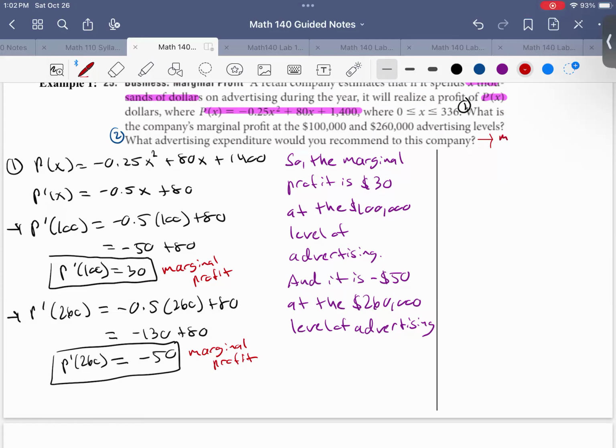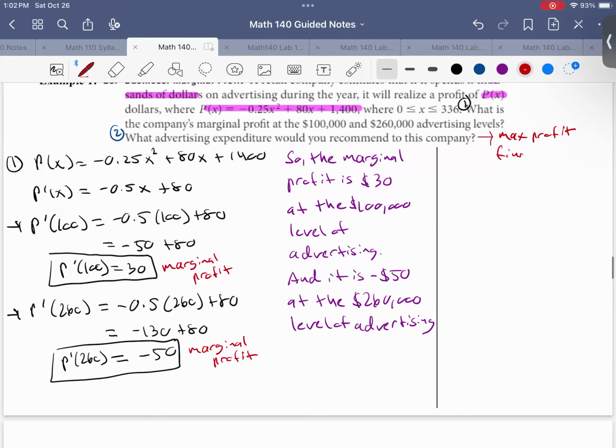So I want the max profit, and what that means is I have to find the critical value. So I have to take the derivative, set it equal to zero, and find that max level of advertising.